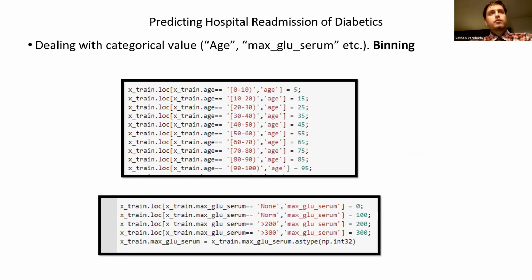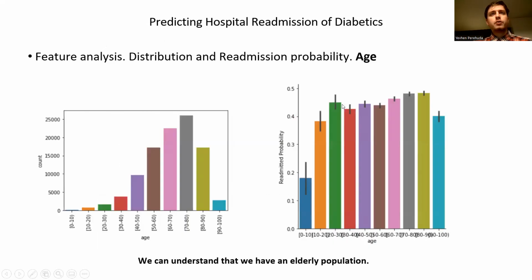Next, what we did is we transformed some ordinal data, for example, age and maximum glucose serum test. The name of our transformation is binning. Regarding age, we can see that we have mostly an elderly population in our dataset.